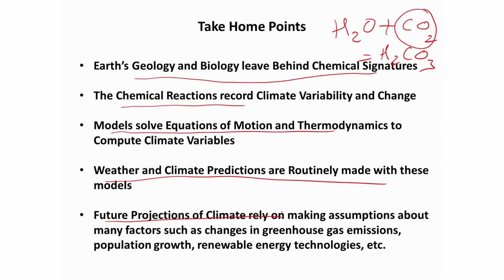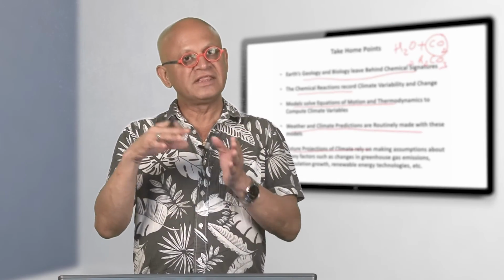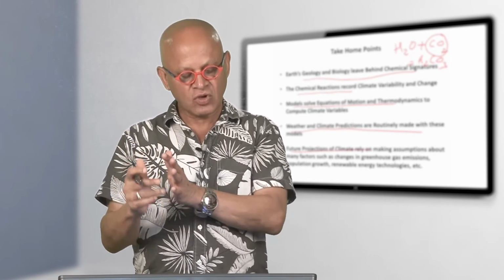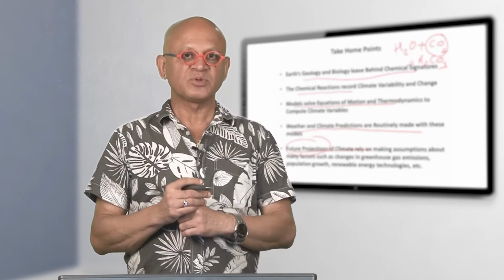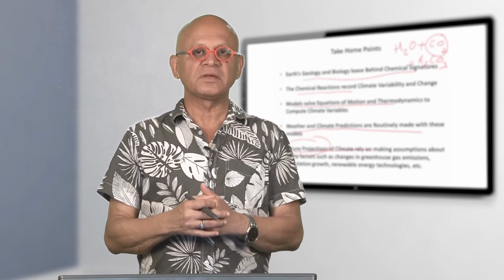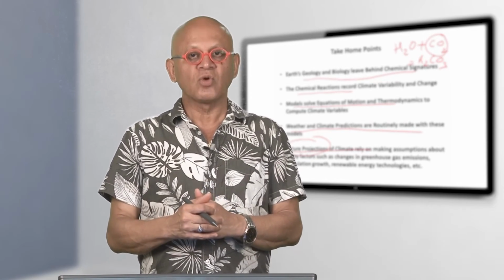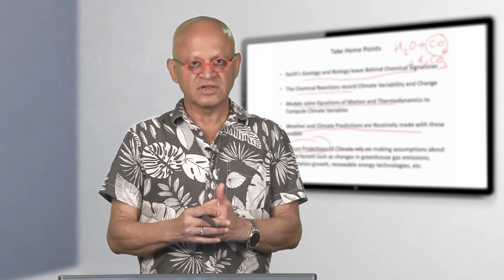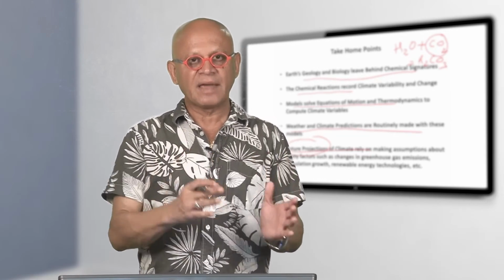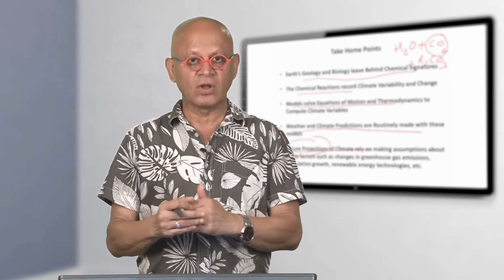Future projections: we didn't say very much about how exactly the projections are made, other than that there are assumptions of population growth, technology change, energy production change, etc. But at the end of this series of lectures, we will have several lectures focused just on how the projections are made, what the projections are saying, what the uncertainties in these projections may be, and how we interpret these projections, and how they can be used for making future decisions like mitigating climate change because of our action, or adapting to the change that's happening or will happen.